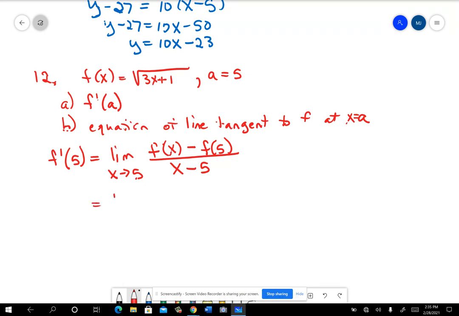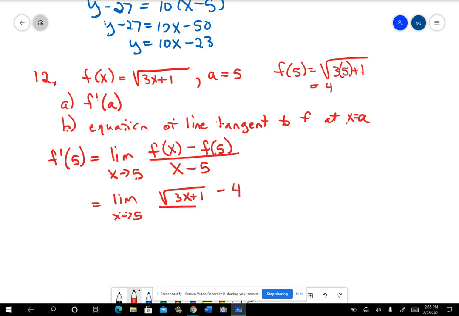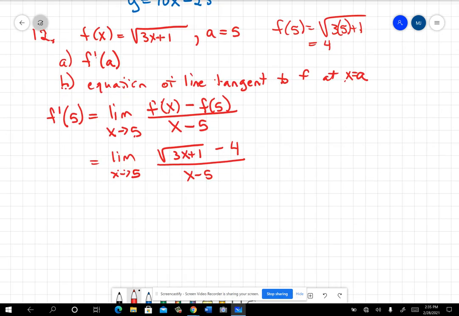So f of x is square root of 3x plus 1. F of 5, this particular problem didn't give you the whole point, so you need to do that. So f of 5 would equal the square root of 3 times 5 plus 1. So that's 16 underneath there, so you'd have a 4. So it's minus 4 all over the x minus 5, okay?